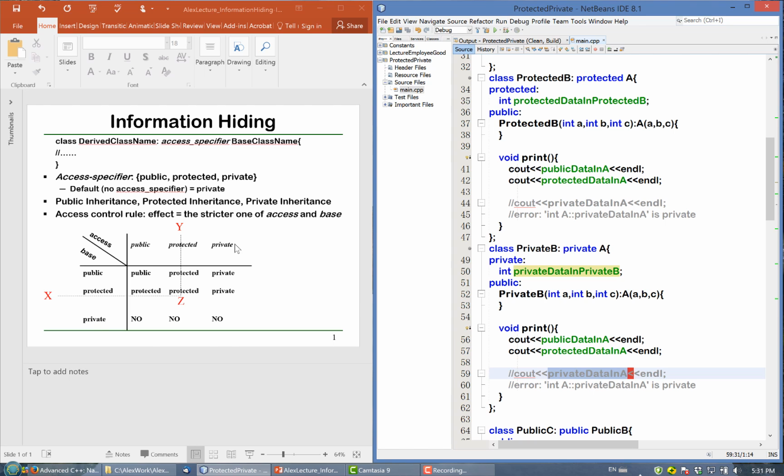Now let's take a look at this table. This table illustrates the effect of different types of inheritance on different access types of data.